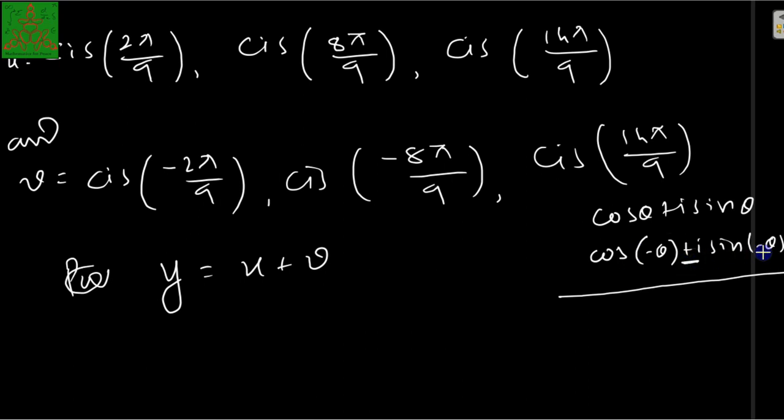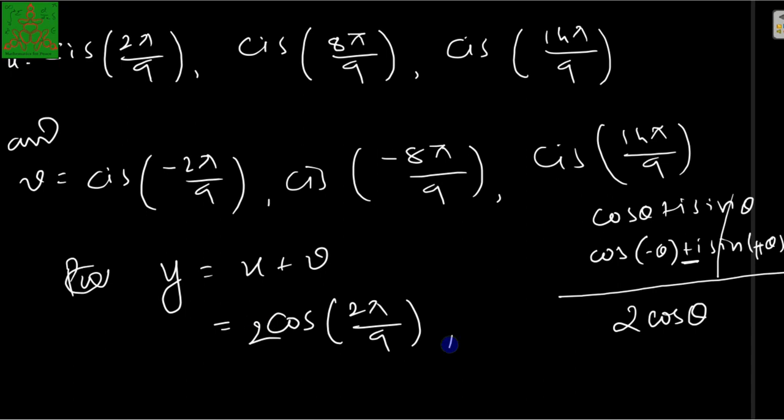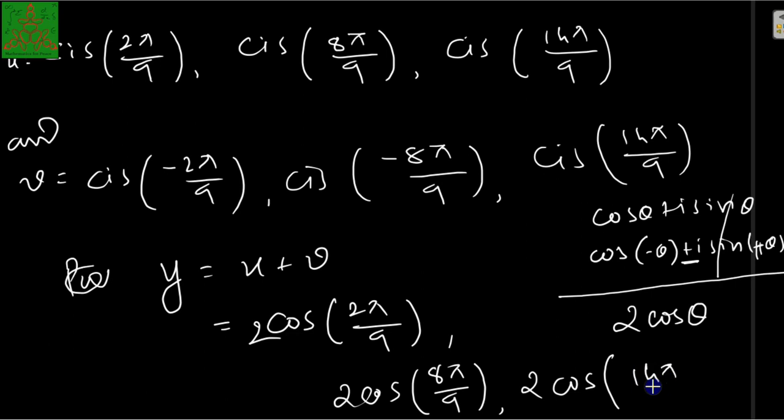So the sine parts will cancel out, and you will have 2 cos theta as the answer. So the values of y, by adding these roots, are 2 cos 2 pi by 9, 2 cos 8 pi by 9 and 2 cos 14 pi by 9.